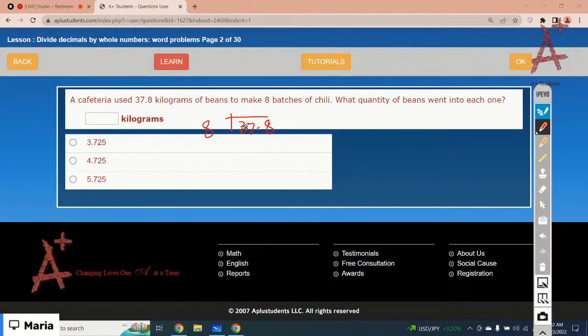So 8 times 4 is 32. 37 take away 32 is 5. Bring the next digit down. 8 times 7 is 56. So put a decimal point and a 0. 8 times 4 is 16, 4. Put a 0. 8 times 5 is 40.